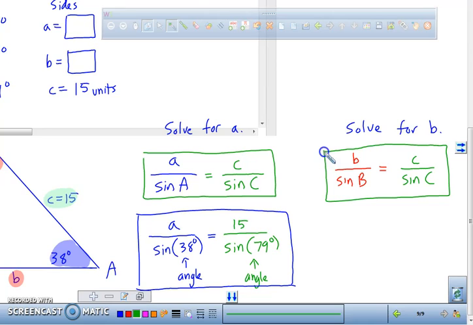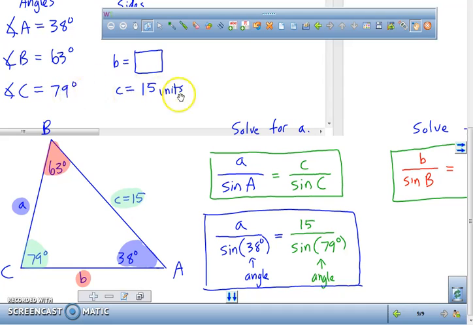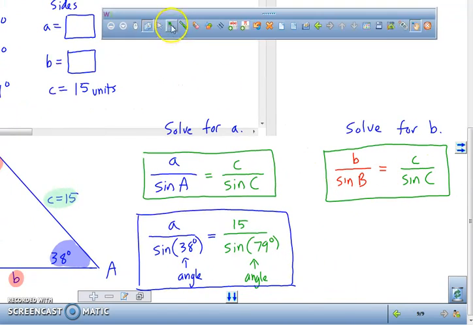Now, you may be wondering why in both problems we're using c over the sine of c in both problems. The reason why I'm doing that is because that's the only information where I have both the angle and the side. So you always choose the one that has the angle and the side when you're setting them up. Okay?